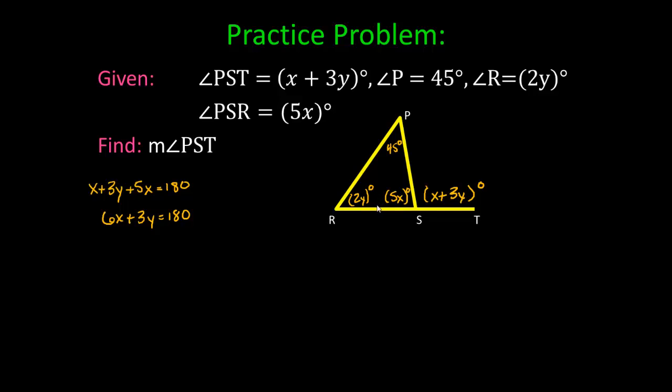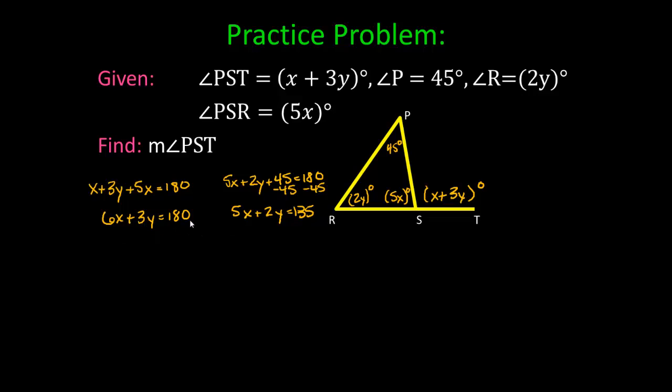Okay, now you could do this a couple different ways. Let's do the more obvious one first. 5x plus 2y plus 45 equals 180. Subtract your 45 from both sides, and you get 5x plus 2y equals 135. Now you have a system of equations.